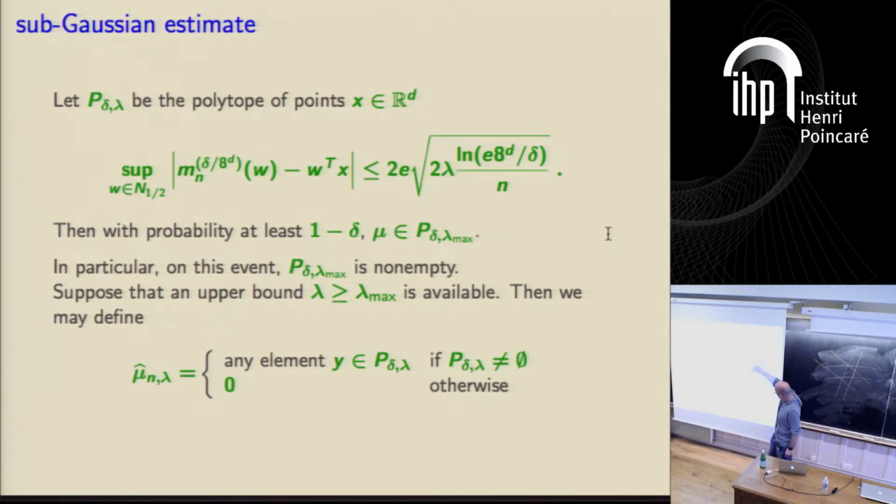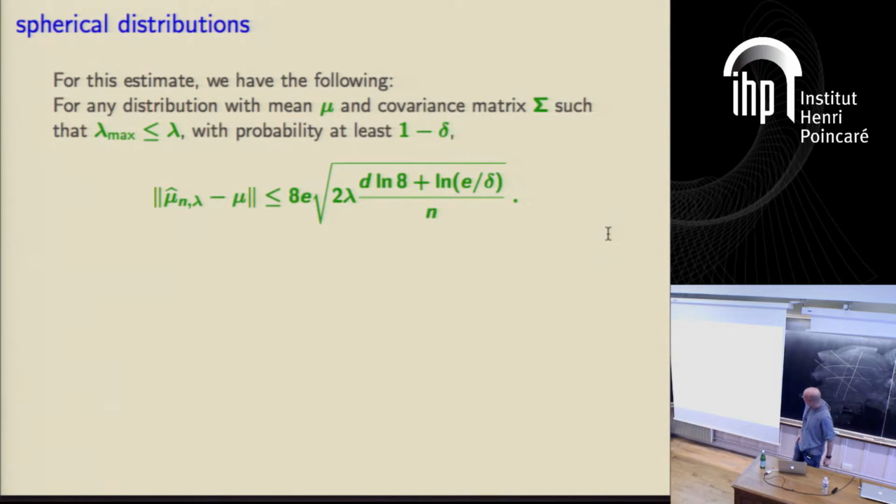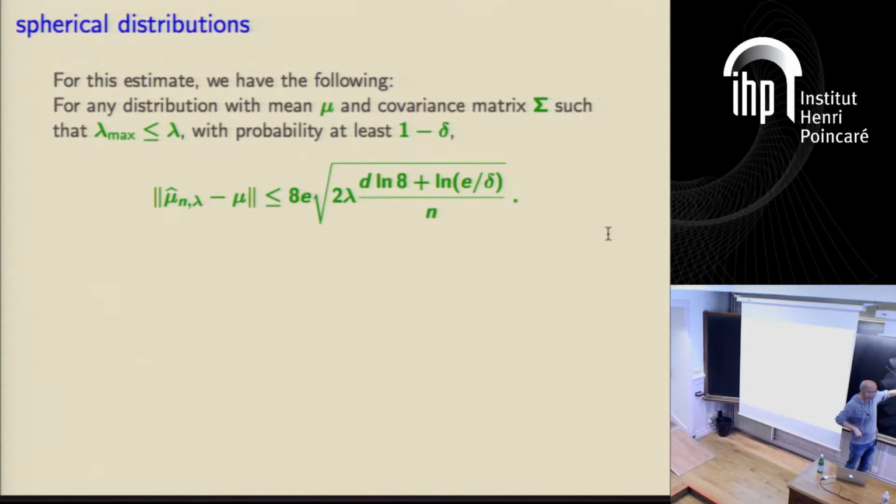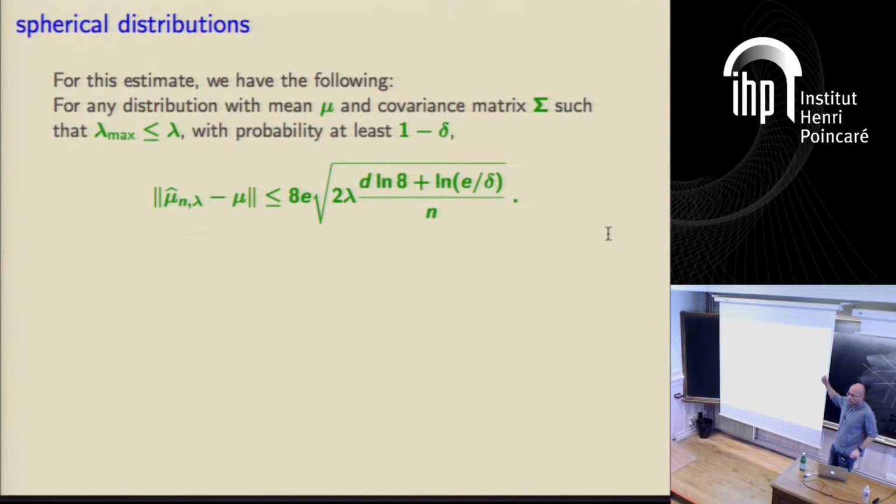So we look at this polytope, it's going to be non-empty, and we can pick one element there. And now it's really easy to see that within that polytope, this is our estimator. The true mean is somewhere in here. But it's very easy to see that the distance between those two cannot be larger than this. Okay? All right?